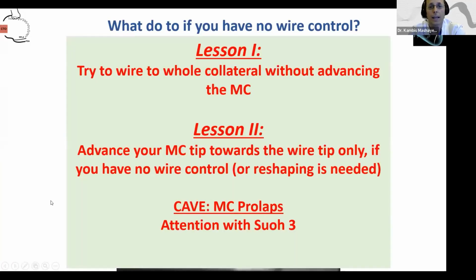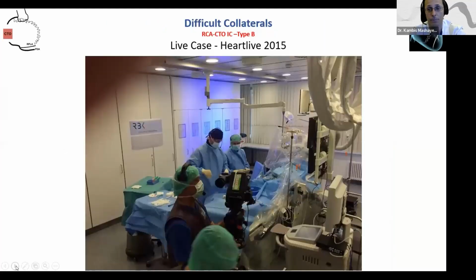So the first lesson: try to wire the whole collateral without advancing the microcatheter if possible, and advance the microcatheter only if you have huge friction on the wire tip. You can do that with the Sion Black, but you cannot do that with the Suoh 03, because the radiopaque part of the Suoh 03 can prolapse very easily.